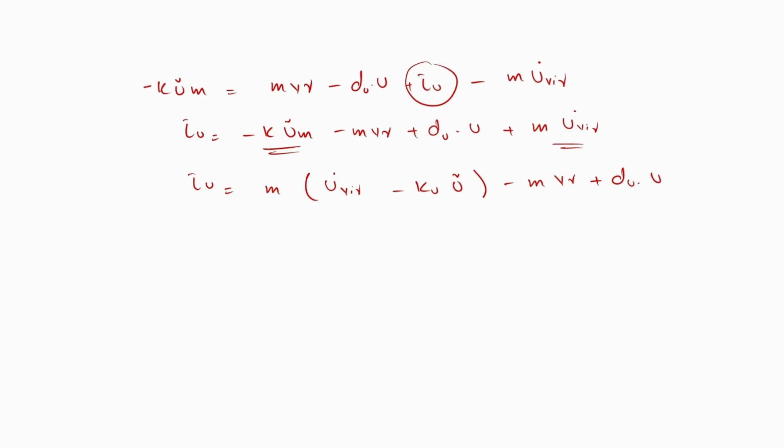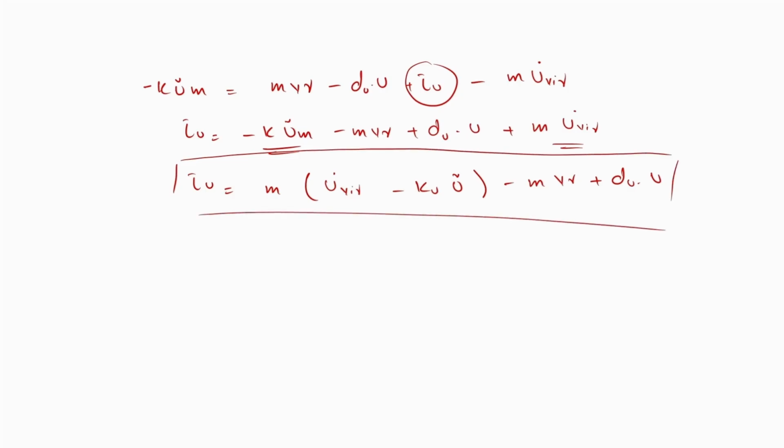So this is the final equation for the surge velocity control. Here u tilde is actually u minus u virtual. So we have all these terms, right? We simply have to plug in these variables, constants, and terms in this equation, and we will achieve our surge controller. So that will actually control u dot.